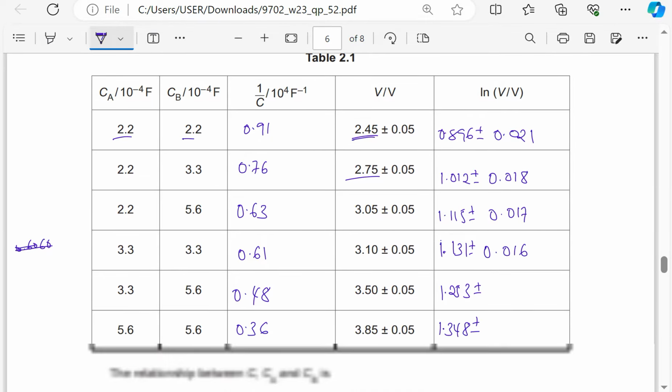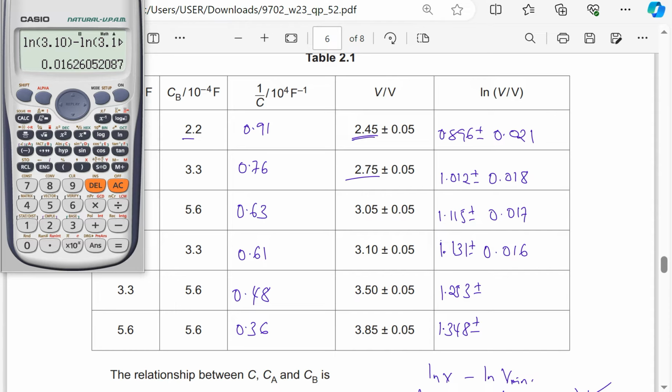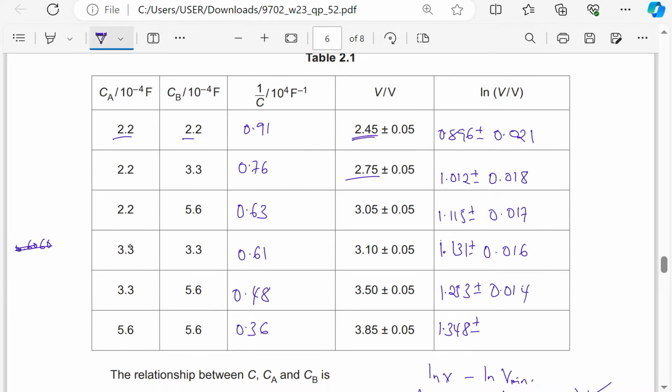The next one is ln of 3.50 minus ln of 3.50 minus 0.05, which gives me 0.014.